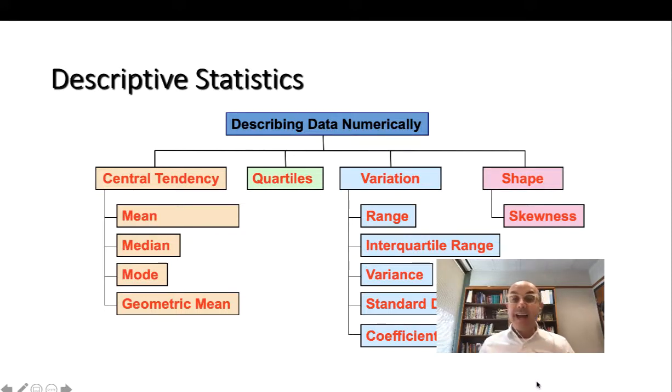Quartiles is dividing the entire set into 4 equal parts, and central tendency is the idea of collecting or analyzing the data based on a very simple statistical methodology: mean, median, mode. I also put the geometric mean, but that will come later on. I will repeat that when we do some advanced statistics.